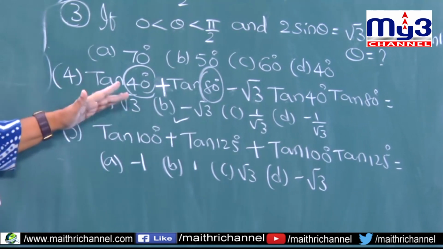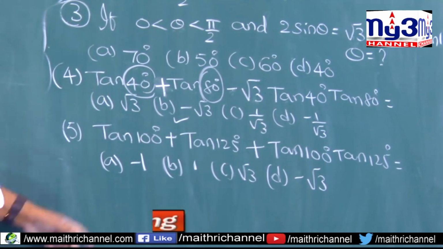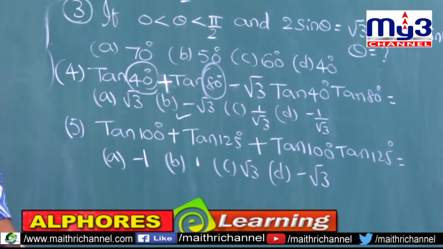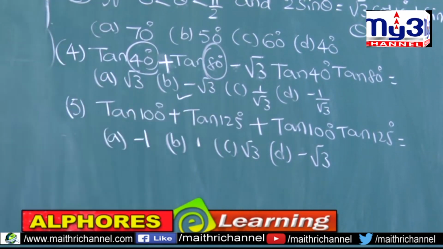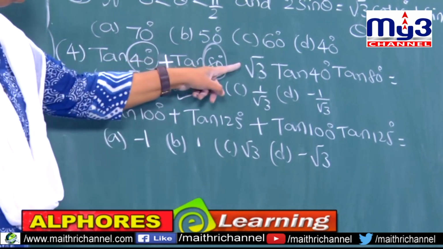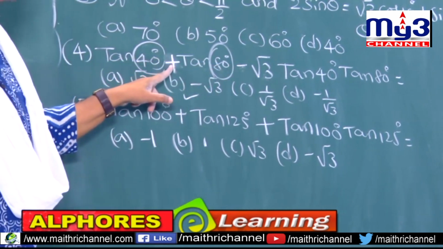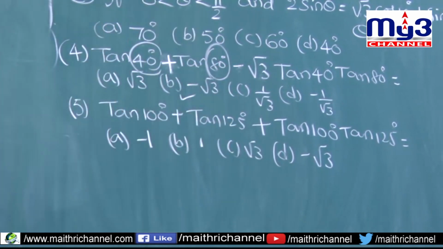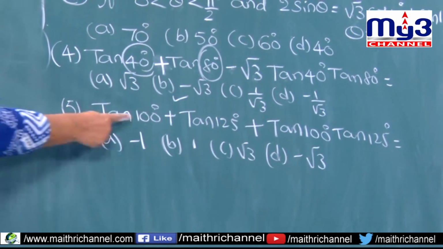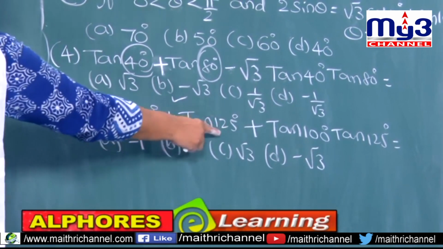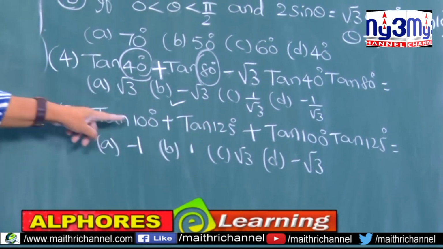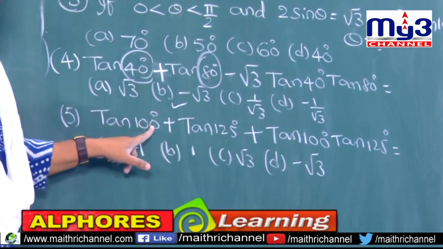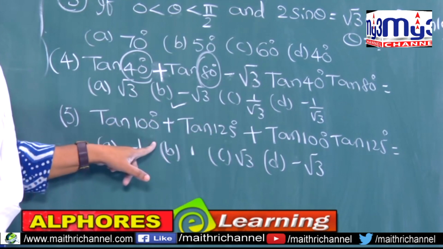Understand? Now based on that concept, you observe here 100 degrees, 125 degrees, but plus symbol is there. Just now I said if here plus symbol, here it should be minus, but here you are having plus symbol. Now what about the sum of these two values? 100 degrees plus 125 degrees is nothing but 225 degrees, and what is tan of 225?